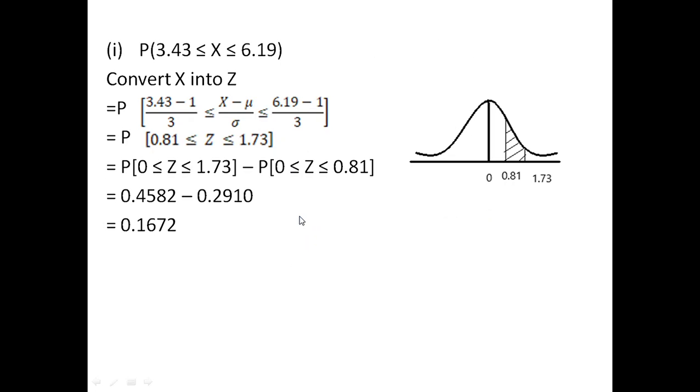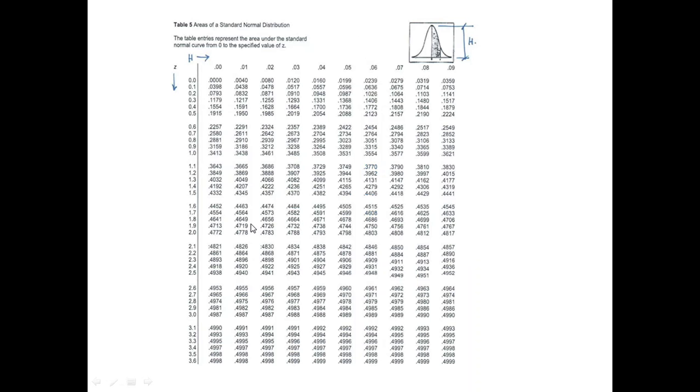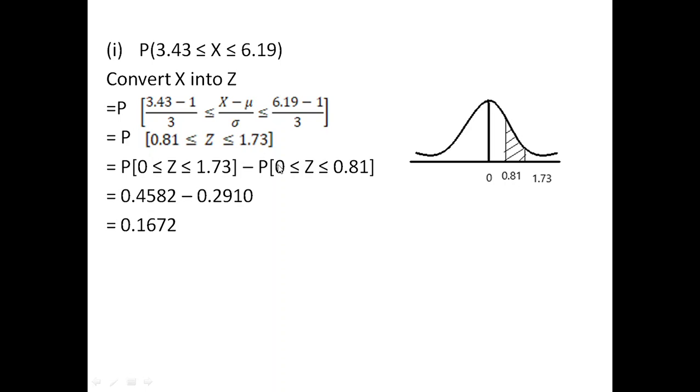So again I will go to the question, and this is 0.4582. Again for 0.81, we will again see the table, 0.8 and below 0.01 we got 0.2910. So here I have put the values here, and then when we subtract it, we get this answer.